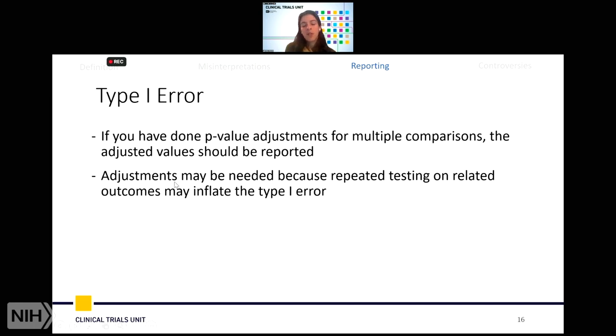But this may happen in scenarios where you've done repeated testing on related outcomes, or you're testing differences between groups on the same outcome, like you have 3 groups and you want to do pairwise comparisons on a single outcome. Or maybe you've run a battery of 20 tests and you want to control for the fact that you've done many tests. That's another area where we would be thinking about adjusting type 1 error and being more strict about what we would call a significant versus a not significant p-value.